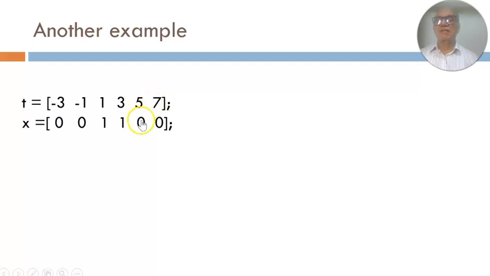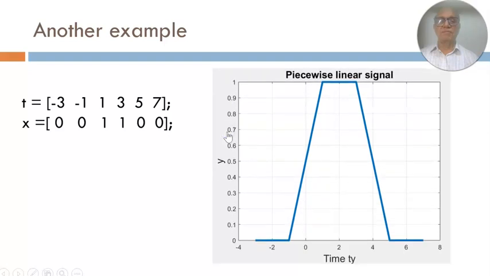And between 5 and 7 it remains 0. So in this case you will see the signal generated by the function like this. First this is all 0 between -3 and -1. Then -1 to +1, it increases to 1, then it remains constant, decreases and remains at 0.